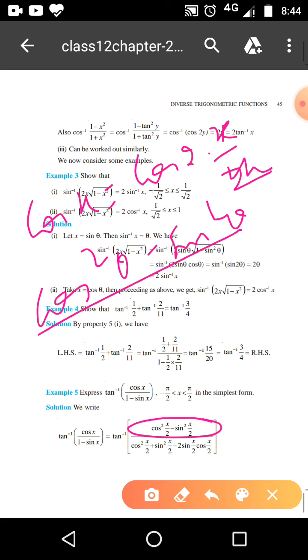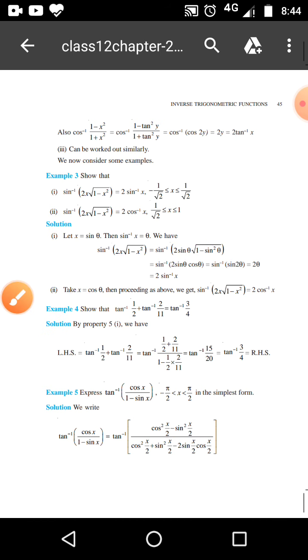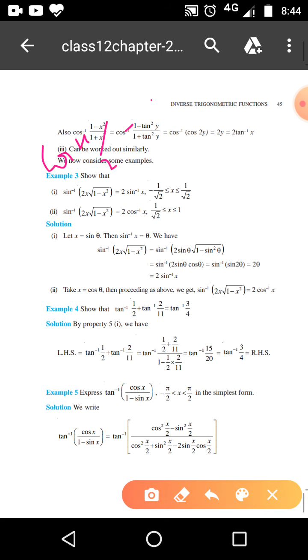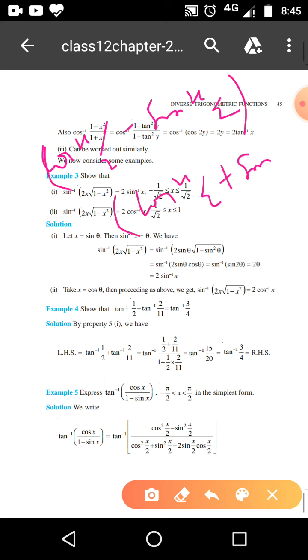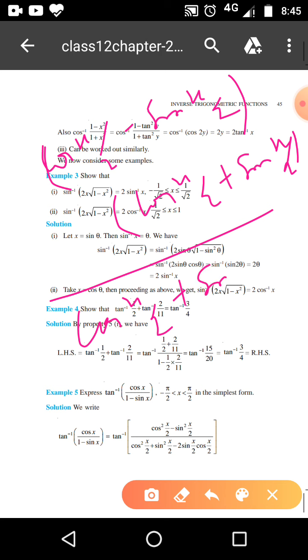And this will become cos square x by 2 minus sin square x by 2, which is a square minus b square, that's why a plus b and a minus b. So we can write it as cos x by 2 minus sin x by 2 in one bracket and cos x by 2 plus sin x by 2 in the other, divided by cos x by 2 plus sin x by 2 whole square, and this one is cancelled out.